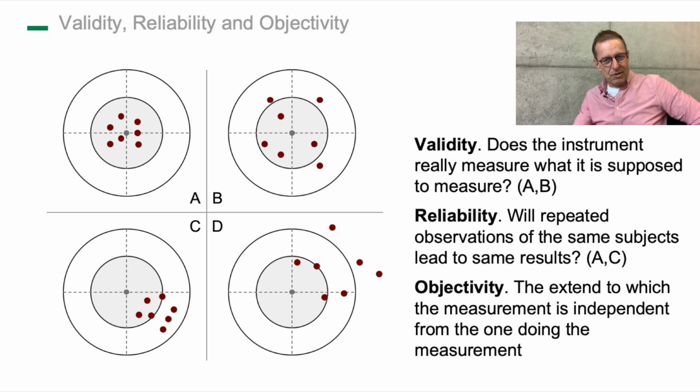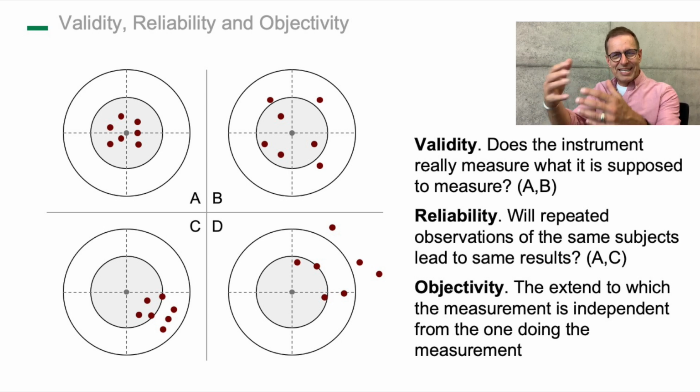When the ball is always around the hole, around the target, then I would say it's high validity. The ball is landing where the ball is supposed to land, right? And so the direction is fine. The average direction is fine. That's validity, okay?